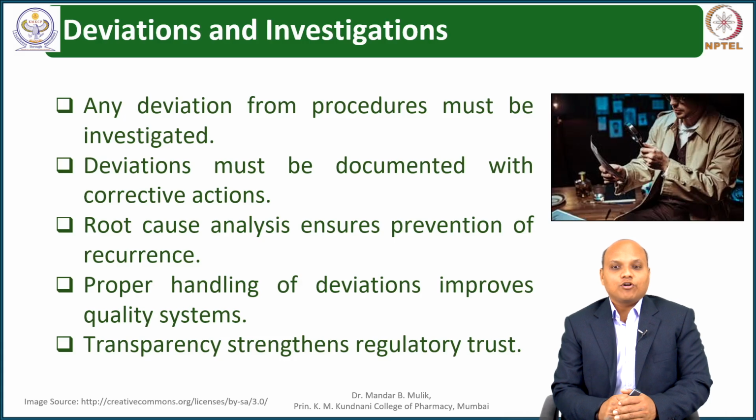Deviations must be documented with a corrective action. If the deviation does have an impact on the quality, then the corrective action for that particular deviation also needs to be documented. We also understand that if such deviations are frequent, then corrective measures need to be taken for such frequent deviations.